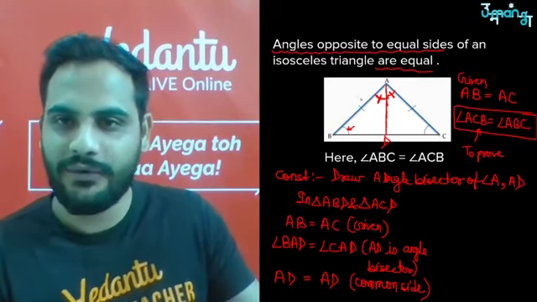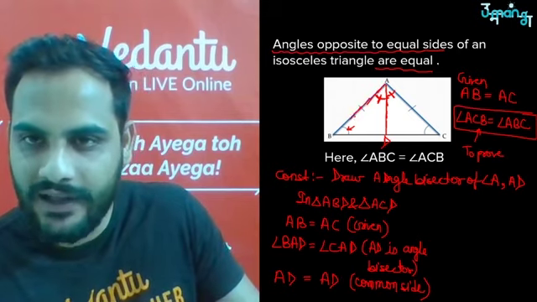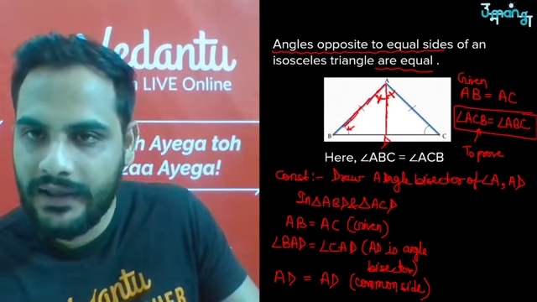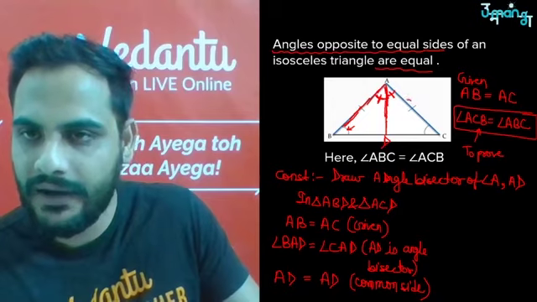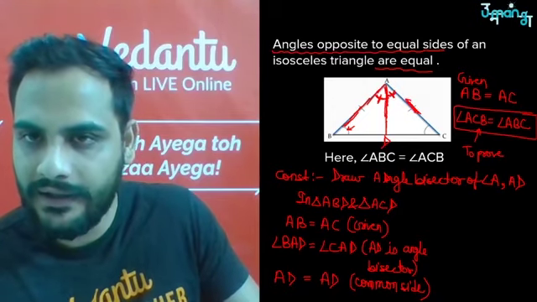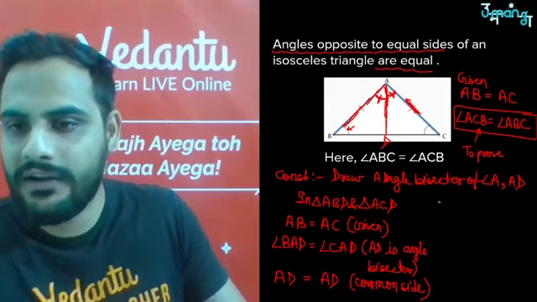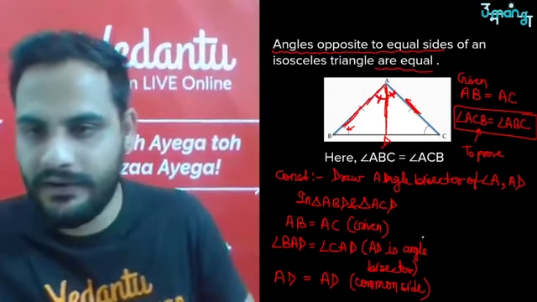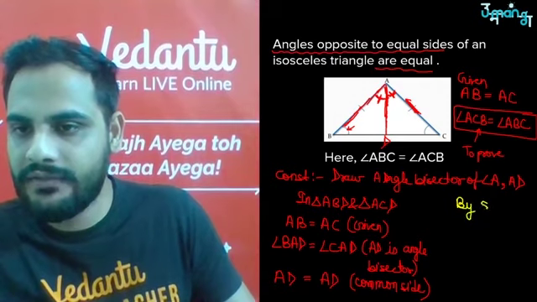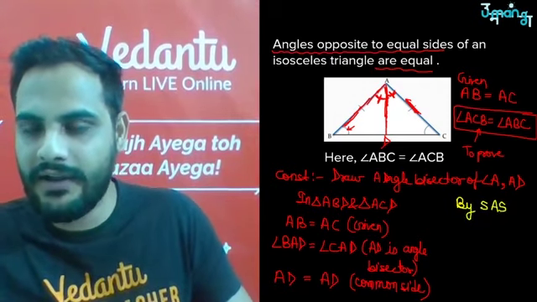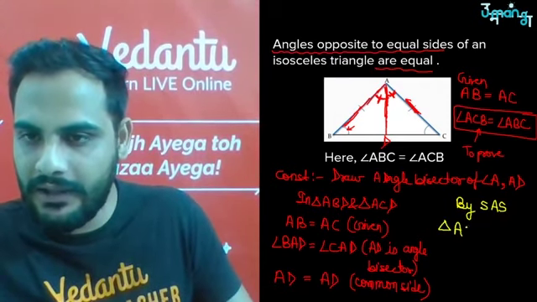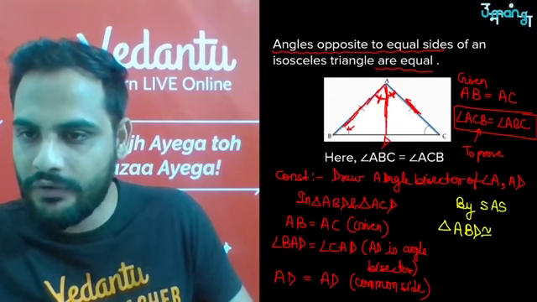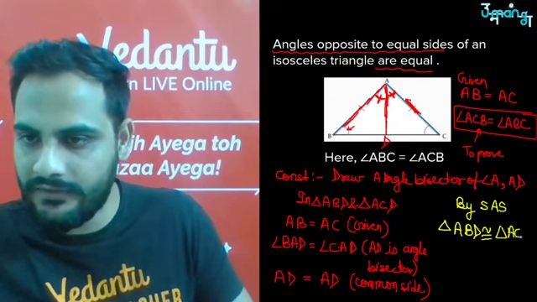So look at the pattern. You have side, angle, and then side, and here also you have side, angle, and then side. So what is this criteria? I can say now that by SAS criteria, side angle side, triangle ABD is congruent to triangle ACD.